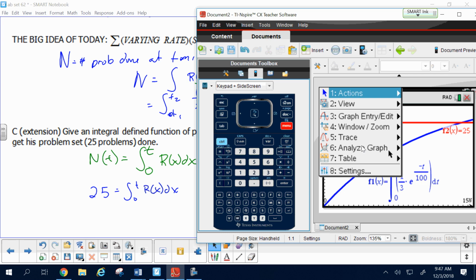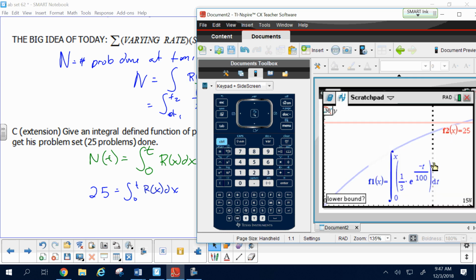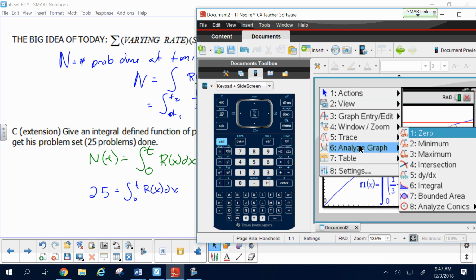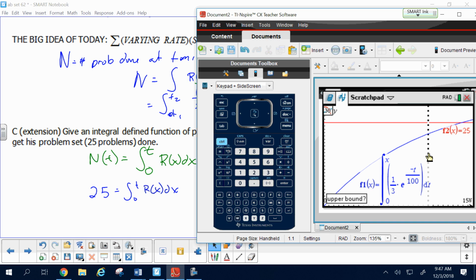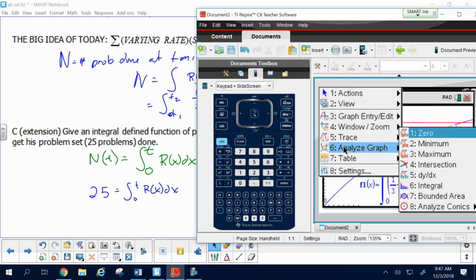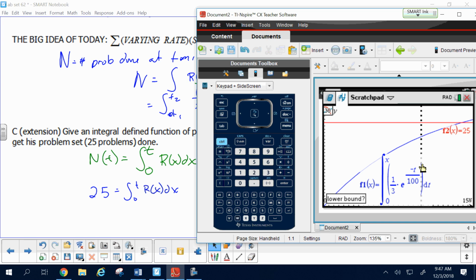Menu, analyze graph, intersection point. I'm having trouble doing this on the smart board.